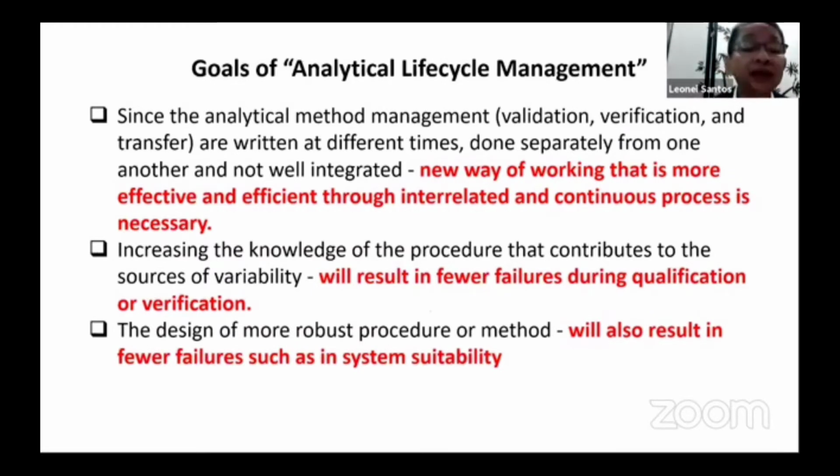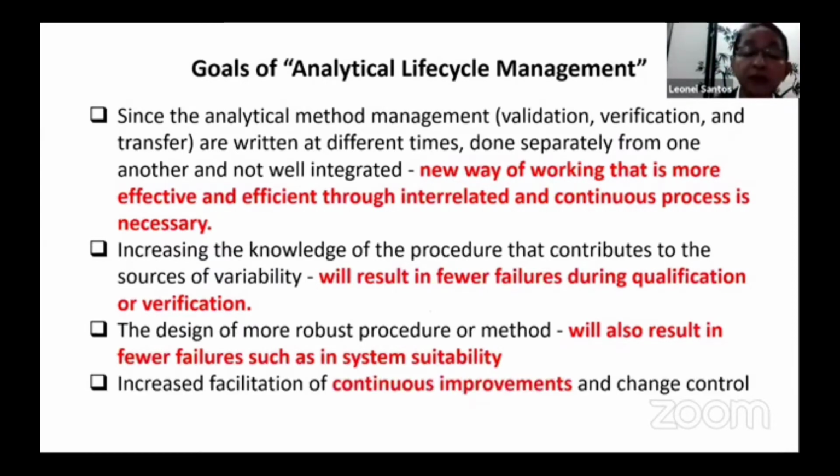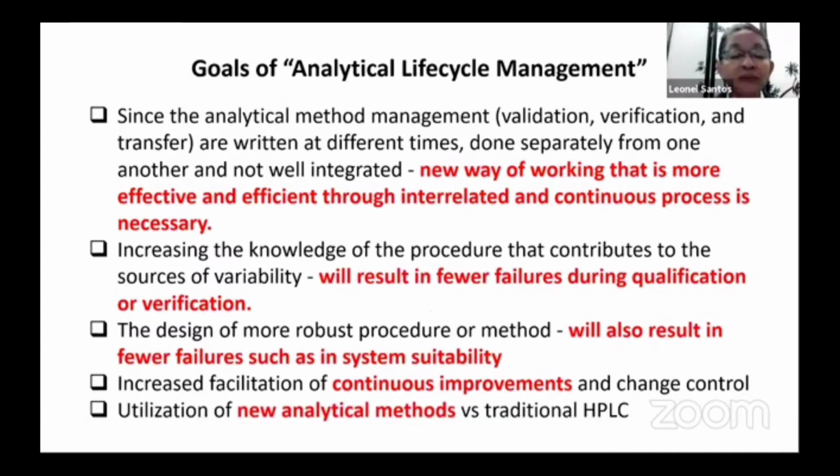And then the design of a more robust procedure or method will also result in fewer failures such as system suitability. And finally, an increase in the facilitation of continuous improvement and change control will provide a better way of working in terms of method development and validation in a laboratory.